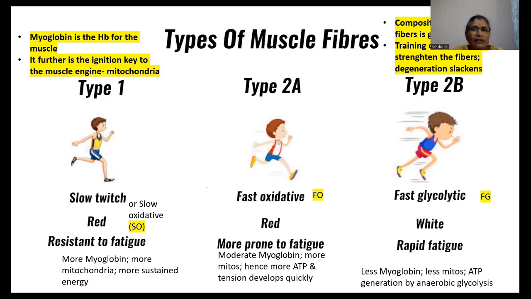What one has to understand and remember is that though the composition of the muscle fibers is genetically determined, degeneration can bring about a change in the percentage composition of these muscle fibers. Training, however, can selectively strengthen the percentage composition of these fibers. This will further enable us to understand the impact of hypoxic injuries in the muscle because of various diseases, and how dry needling or any other treatment modality that addresses muscles can help in relieving pain.